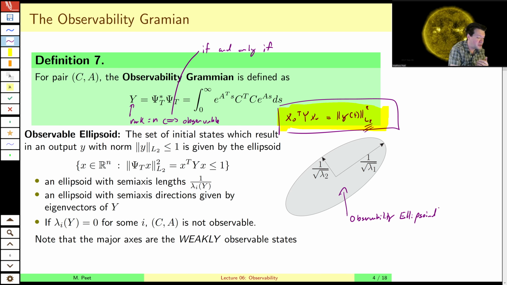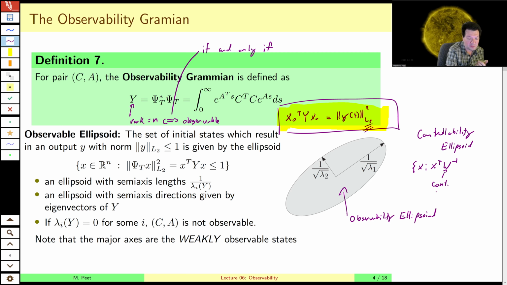So first of all, remember the ellipsoid for the controllability case was defined a little bit differently. Specifically, that was x such that x transpose W inverse x is less than 1, and here W was the controllability Grammian.